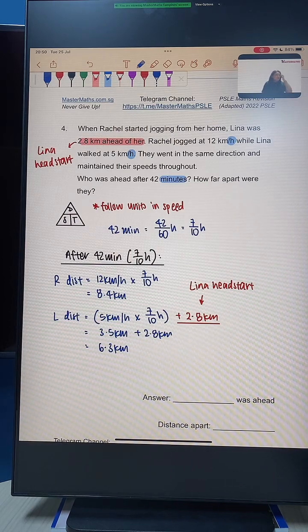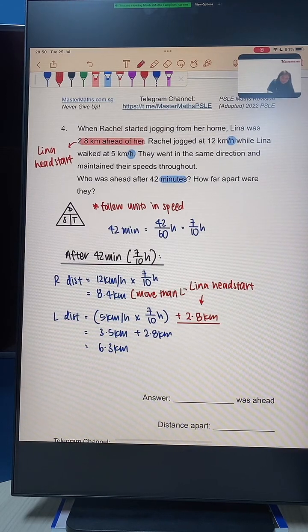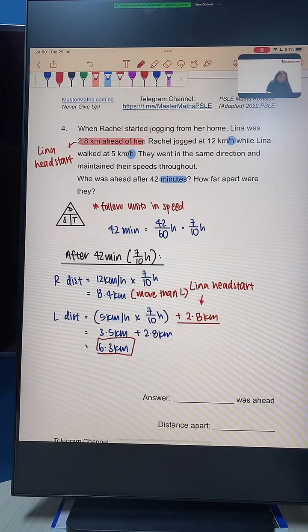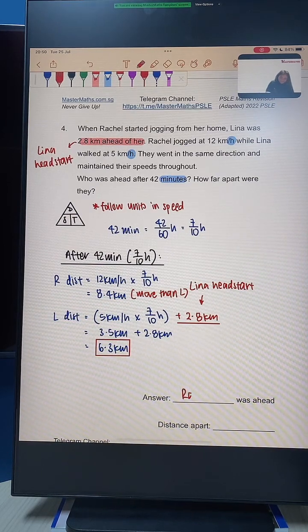Who eventually traveled more? Okay, the answer is Rachel. Rachel is ahead because Rachel traveled 8.4 kilometers. This is more than Lina. Lina only traveled 6.3 kilometers. Everybody understand? Okay, so the final answer here would be Rachel.